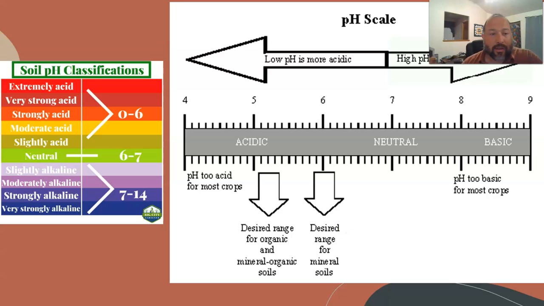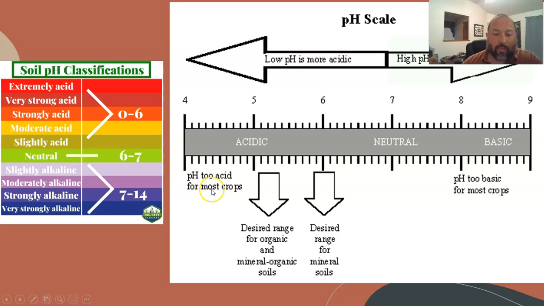If we look at soil pH classification, 0 through 6 are our acidic soils, 7 through 14 are our alkaline soils, and 6.5 to 7 is our neutral soils, and then you can have extremely acidic, slightly alkaline, and very strongly alkaline. If we look at the pH scale, right here in between 5 and 6, we've got a desired range for mineral soils, and a desired range for organic and mineral-organic soils.